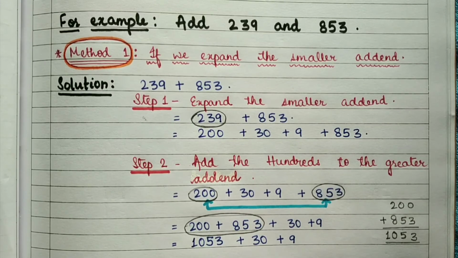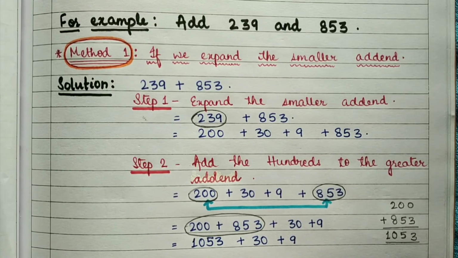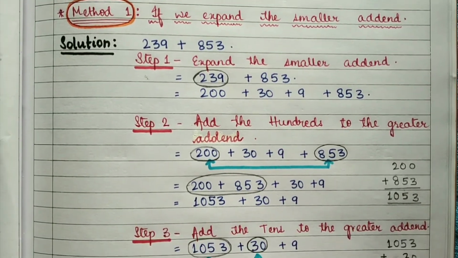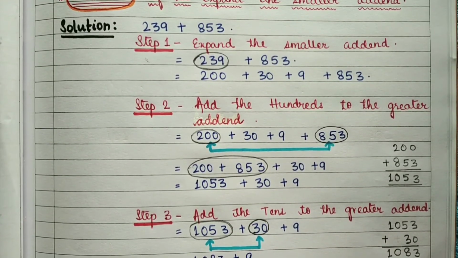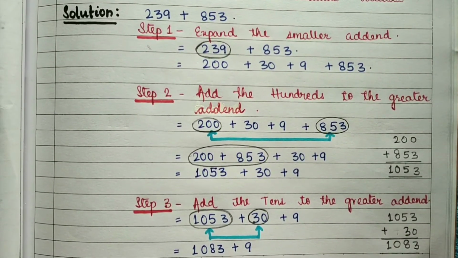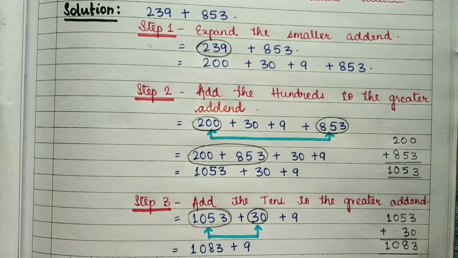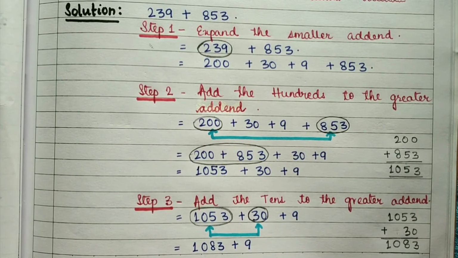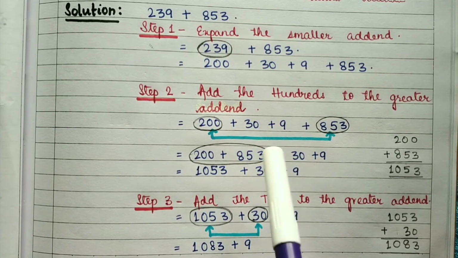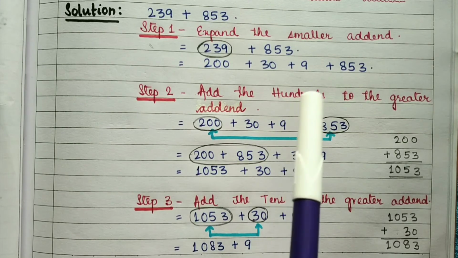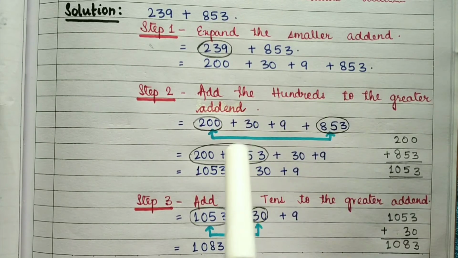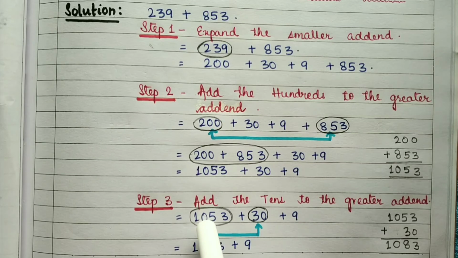Step number 3 says add the tens to the greater addend. Okay, here is step number 3. It says add the tens. In the second step, we added hundreds to the greater addend. In the third step, we will add the tens to the greater addend.